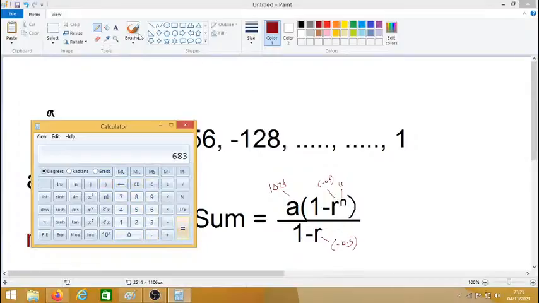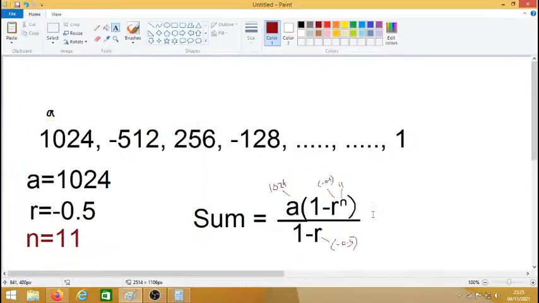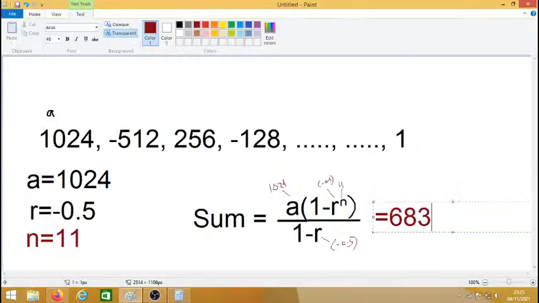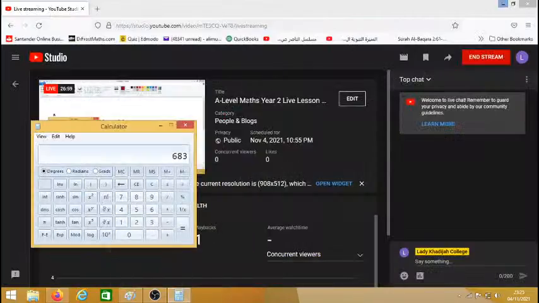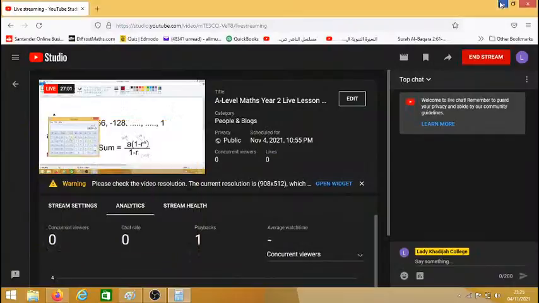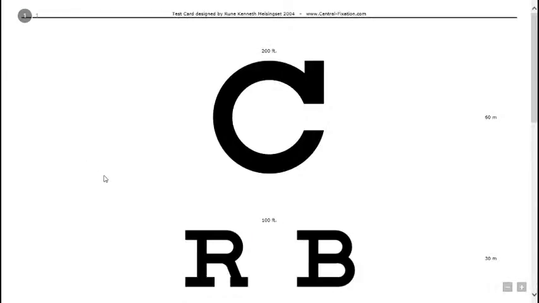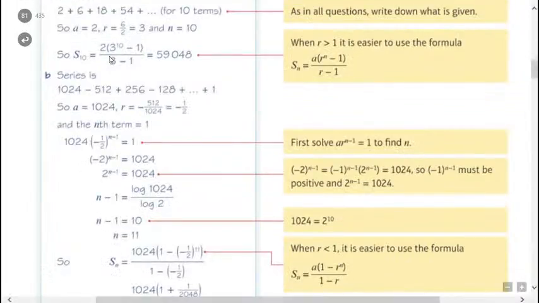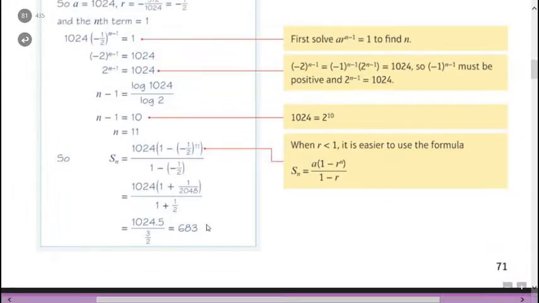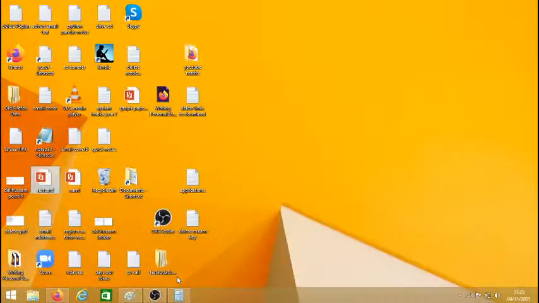So that works out to be 683. Just double check that I haven't made a mistake by going to the worked example in the book. And there you go, 683.